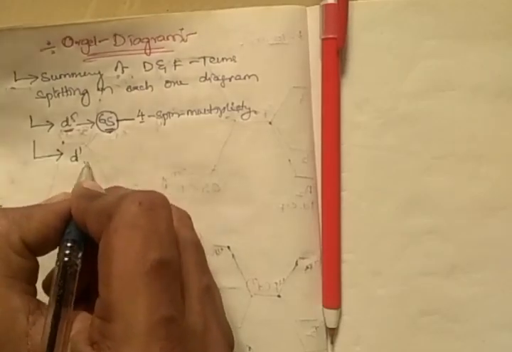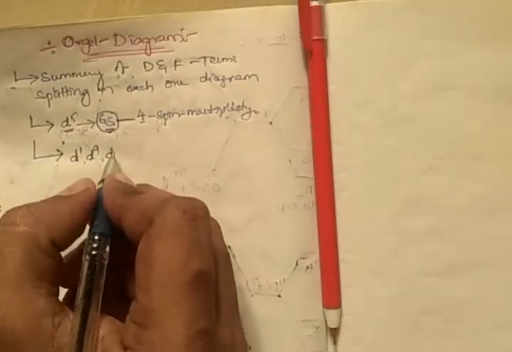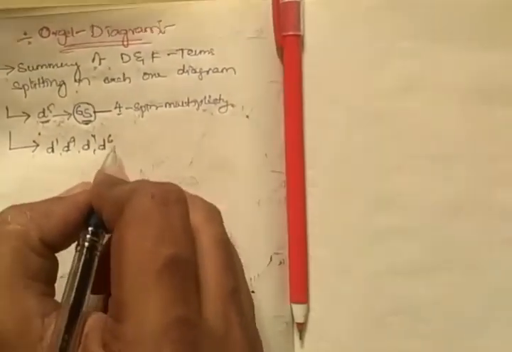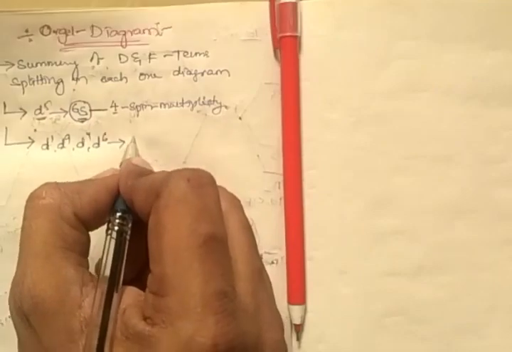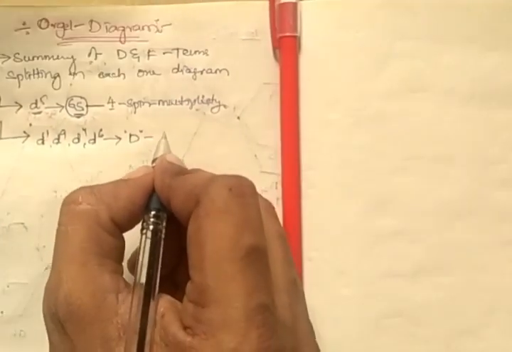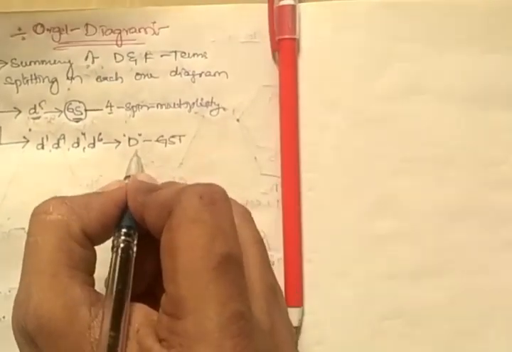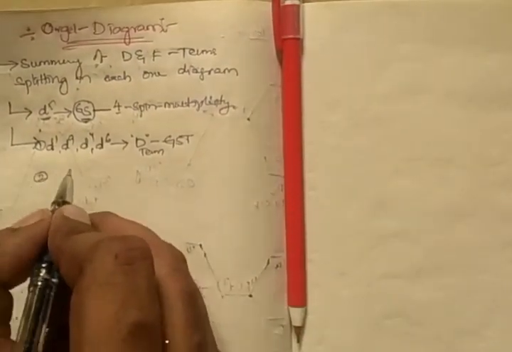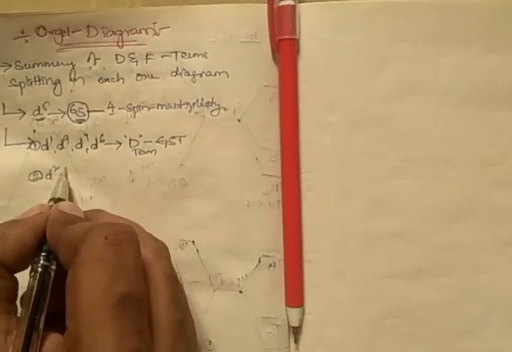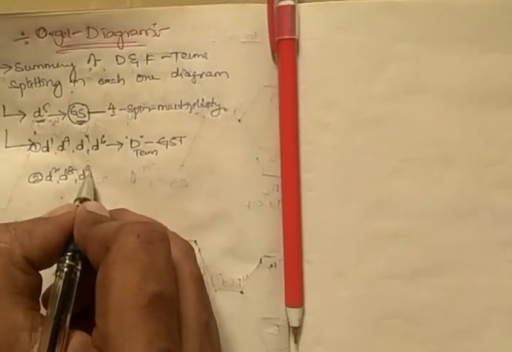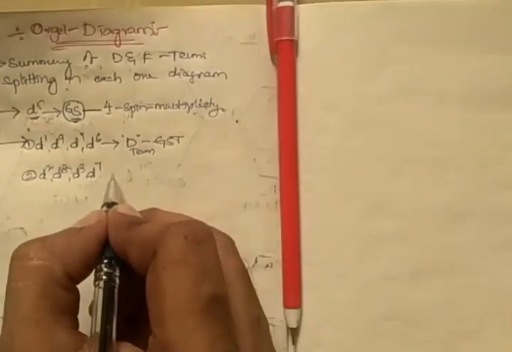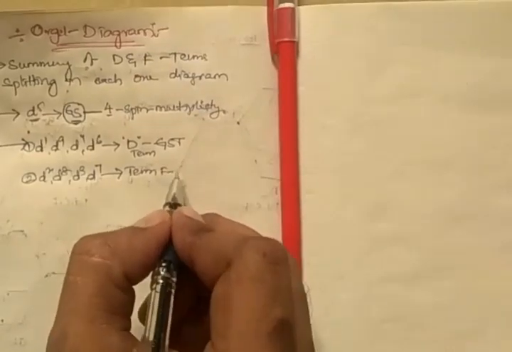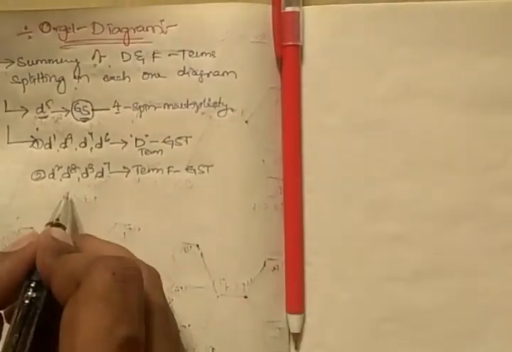D1, D9, D4, D6 form one group, which has the D term as the ground state term. In the second group he has D2, D8, D3, D7 configurations, where the ground state term will be the F term.